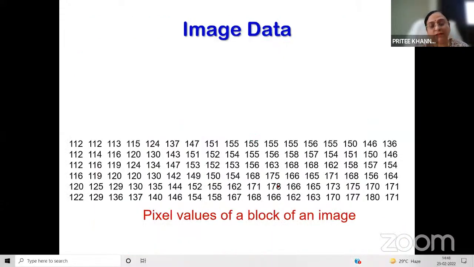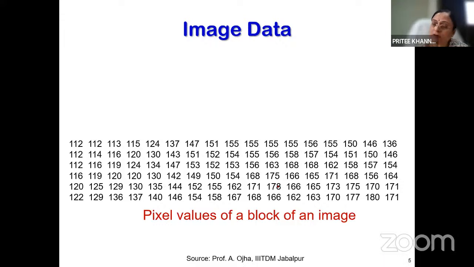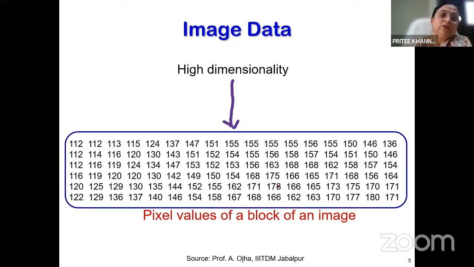Now let us take this image data and see what is happening. These are some numbers, but these are actually the pixel values of a block of an image. We need to analyze this image data, when we are going for classification, basically, we are finding out some patterns there. On one end, this image data is very high dimensional data, as we just saw.